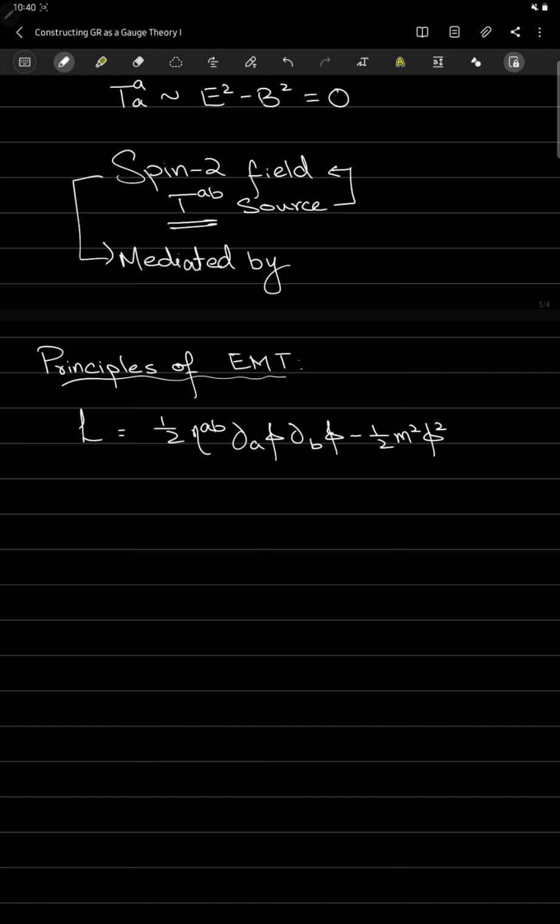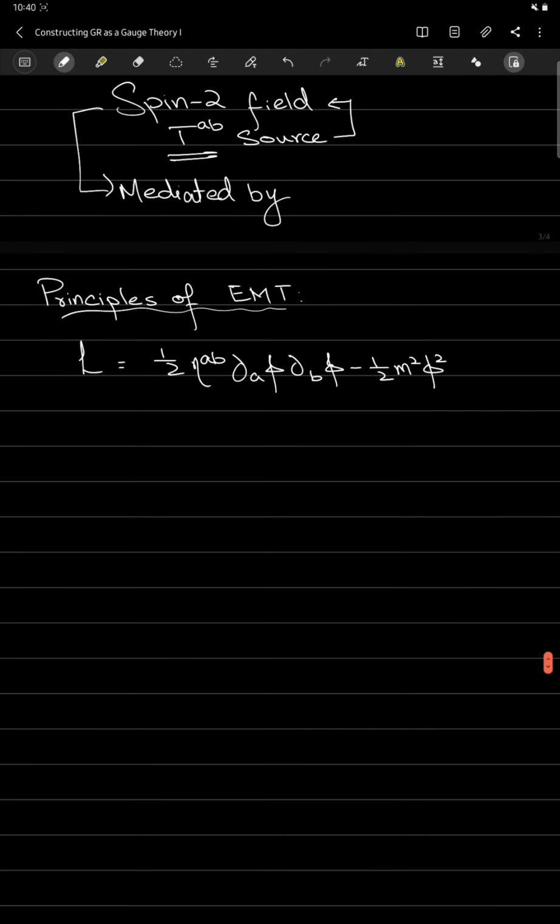If I look at this Lagrangian, it is translationally invariant, and that translational invariance simply implies the existence of a conserved current. I can write that as T_AB equal to ∂L/∂(∂^A φ) times ∂_B φ minus η_AB times the Lagrangian density.